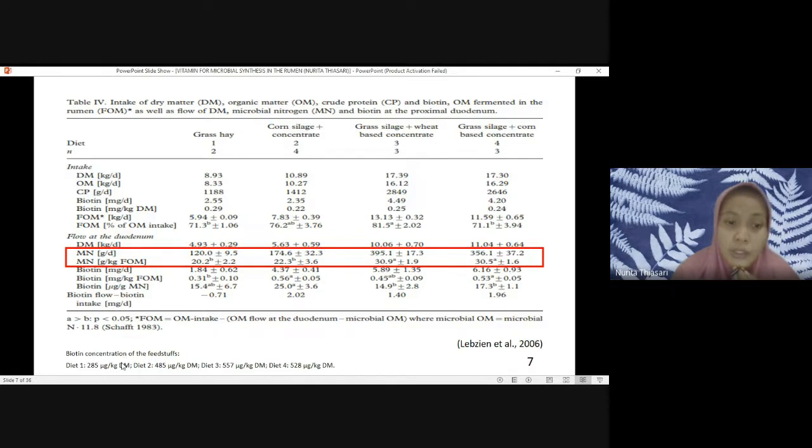So we can see with the increasing of the biotin in the diet, it will affect on the microbial nitrogen. The microbial nitrogen is also increased with the increasing of the biotin concentration.